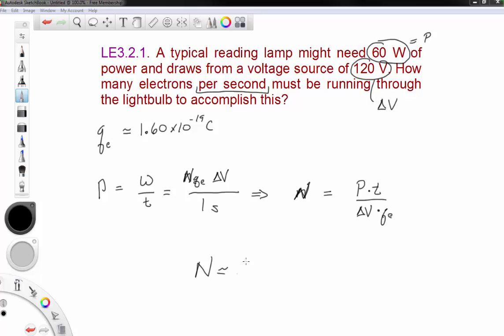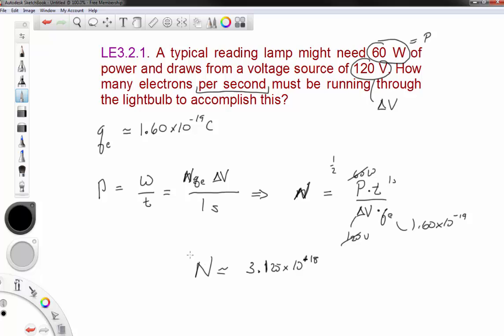And so the answer: this is 60 watts, this is 1 second, this is 120 volts, and this is 1.60 times 10 to the minus 19. 60 over 120 is a half. And so this gives us about 3.125 times 10 to the plus 18.